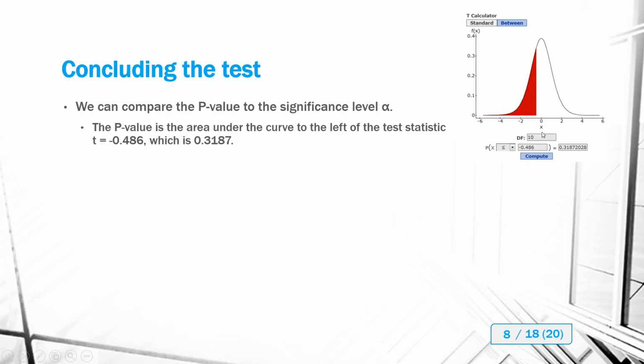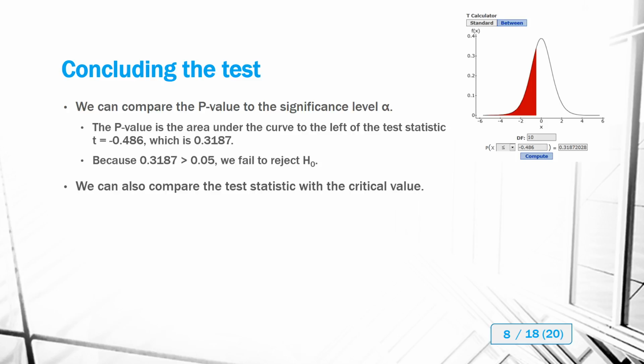So if I put the test statistic here into my t-calculator, I find that the area, which is my p-value, is 0.3187. So because that area, 0.3187, is greater than the area represented by the significance level, alpha, 5%, I'm going to fail to reject H0 because I'm outside the critical region.